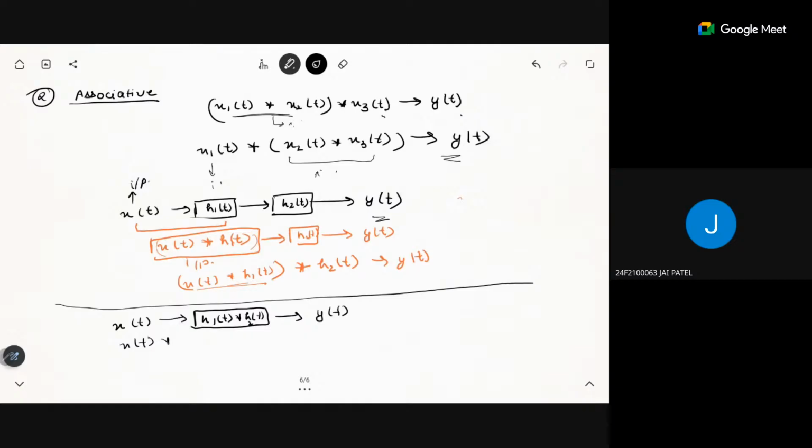You convolve x of t with h1 of t convolved with h2 of t, and you get y of t. Both operations give y of t. So this is the associative property. Clear, everybody? Yes, ma'am. Okay.